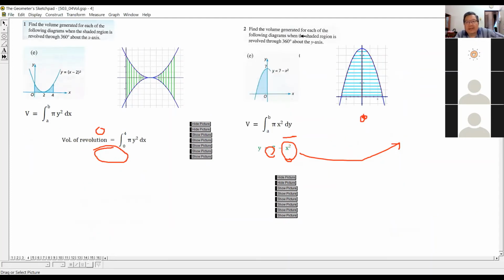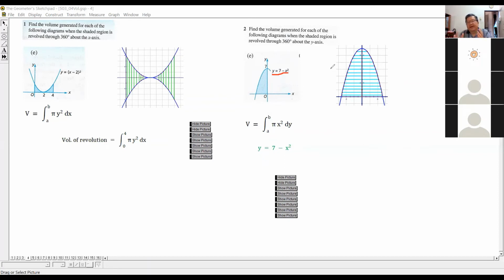So we look at this example here, question number 2 on the right hand side. This question has a curve called y equals to 7 minus x squared.